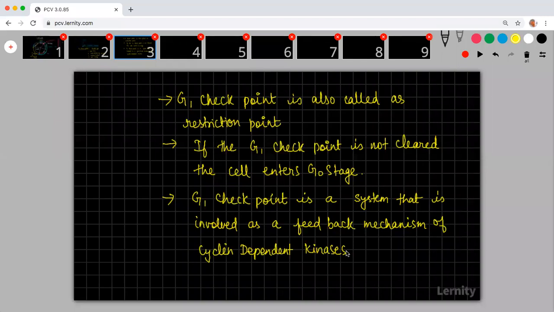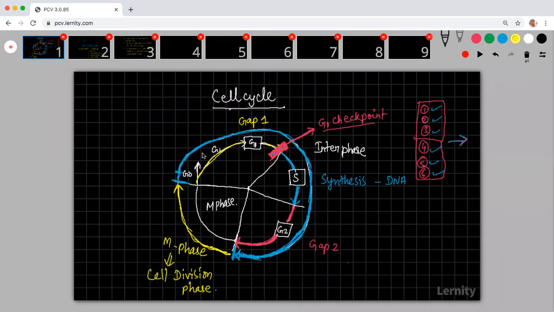It temporarily suspends all the activities. Just because we are studying it as a cycle, please don't think that the cell is moving from one place to another. The cell is there in the same place only. It is just a stage that we are talking about.